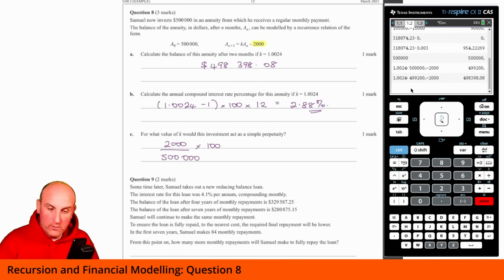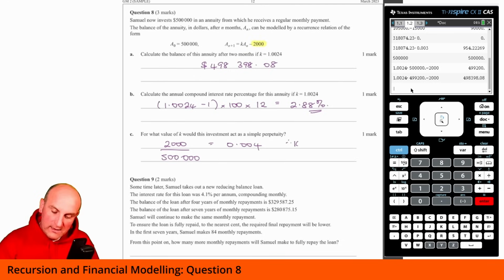I'm going to times that by 100. That gives me 0.4, but the thing of it is I want a value of K. So actually in this situation, I'm not going to times it by 100 because I don't want it as a percentage, and that would give me 0.004, and then I want it as my multiplier, so I'm going to add 1 on.